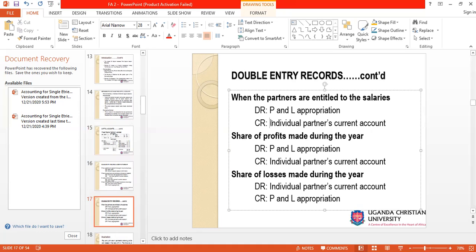But if we are using the fixed balance method, then the credit will go to the current account. For share of profits, debit profit and loss, credit the individual partner's current account. That is when we are using the fixed method. If we are using the fluctuating method, you use the capital account because you have one account. Then share of losses is the reverse.